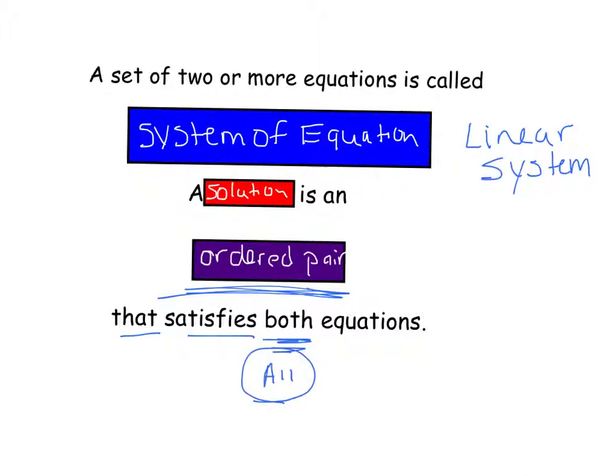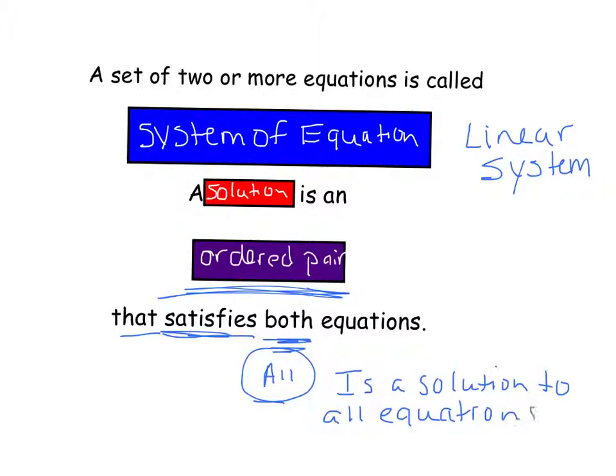So it's an ordered pair that satisfies or makes both equations true. Or another way you can think about it is a solution to all equations in the system. And I know this part is not written in your notes, but you might want to add that.